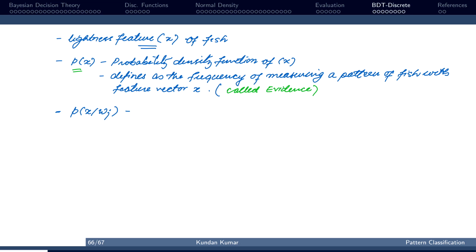This is called class conditional probability, or likelihood.